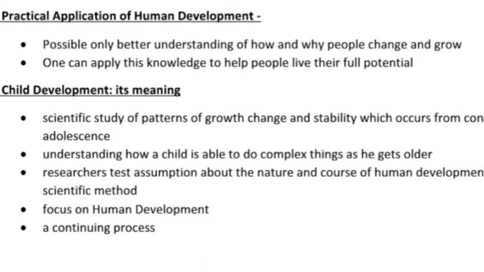It helps us understand how a child is able to do complex things as he gets older. While studying child development, the researchers take a scientific approach. They test assumptions about the nature and course of human development by applying the scientific method.